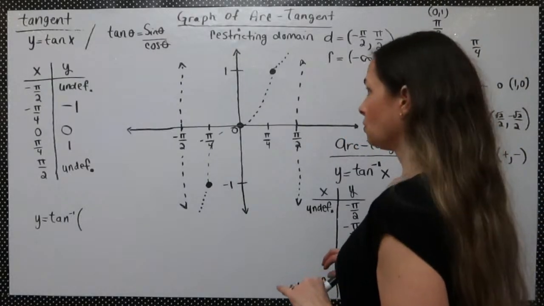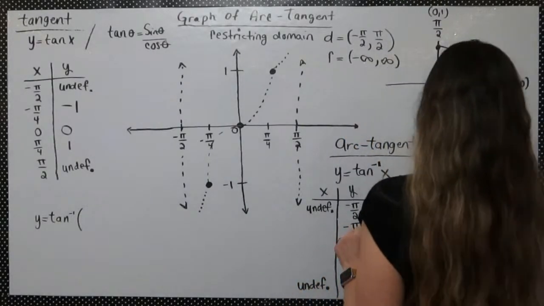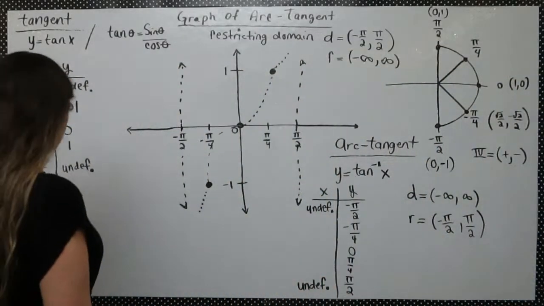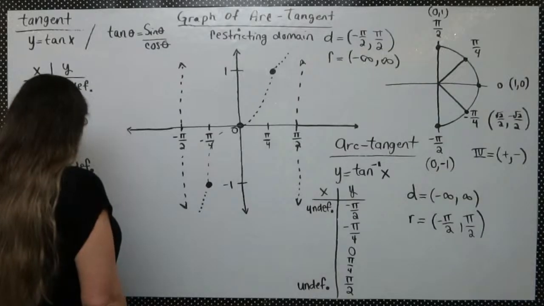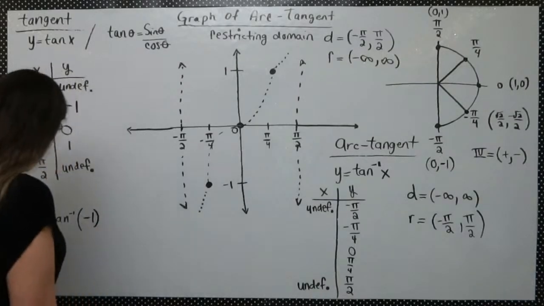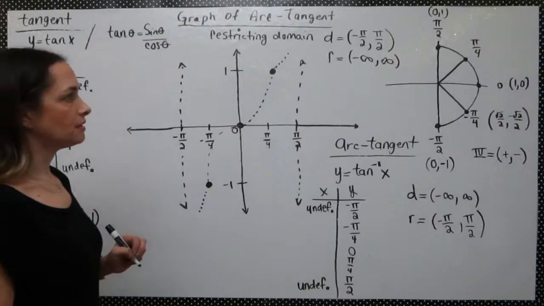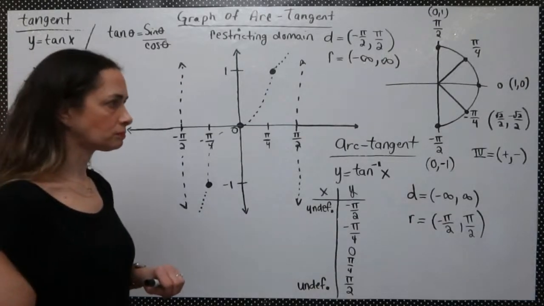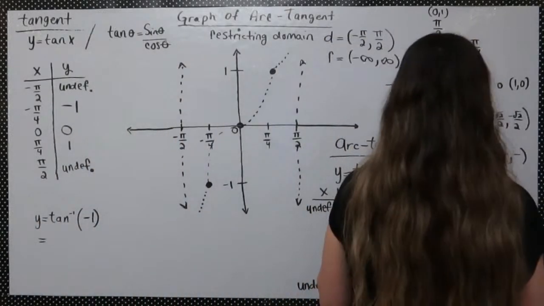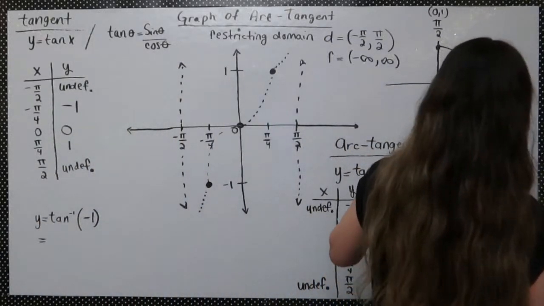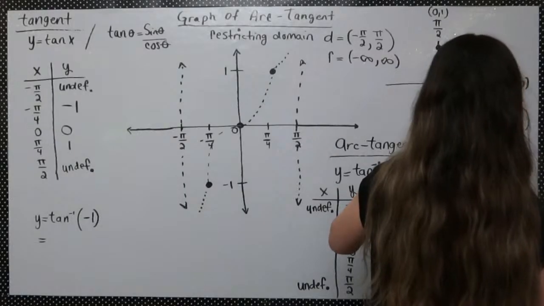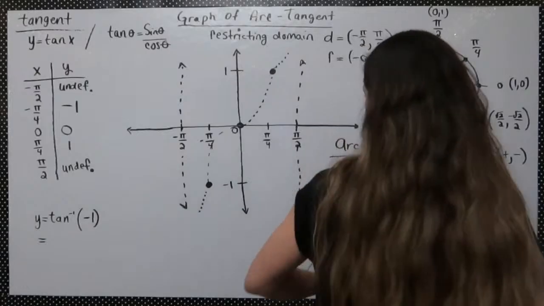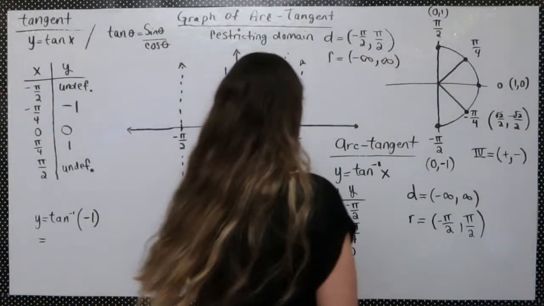All right, so I'm going to go ahead and say inverse tangent of -1. We'll start there. What that function is asking is when is the tangent function equal to -1? So we'll go up here to our unit circle and find when our tangent function will be -1. It's over here at negative pi over 4. So we've got that value.